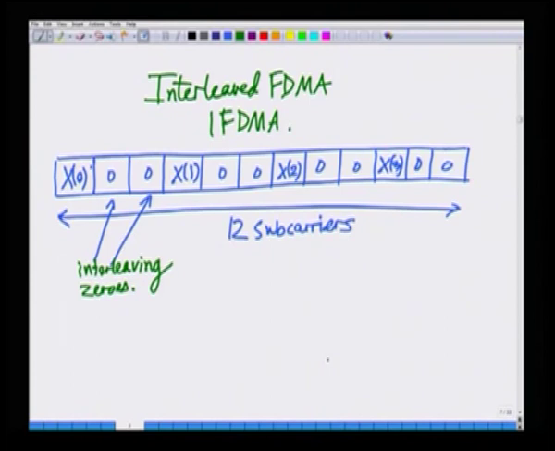So, one way to load these 4 FFT symbols onto the 12 subcarriers is to interleave them with zeros. I have 1 symbol, 2 zeros, 1 symbol, 2 zeros, and so on, and now perform the N point IFFT. This is known as interleaved FDMA.